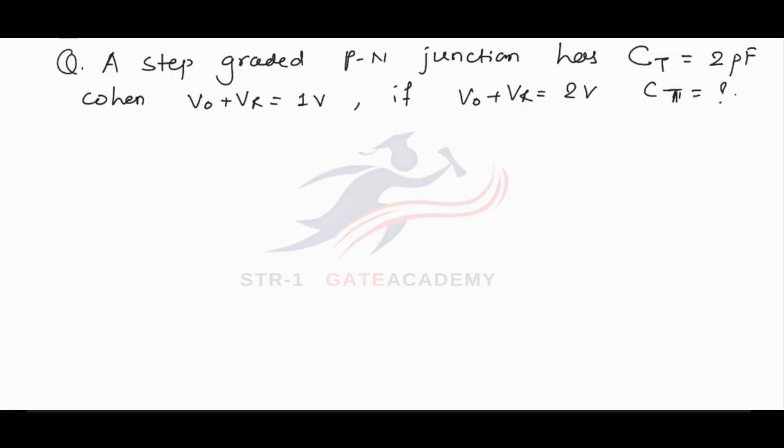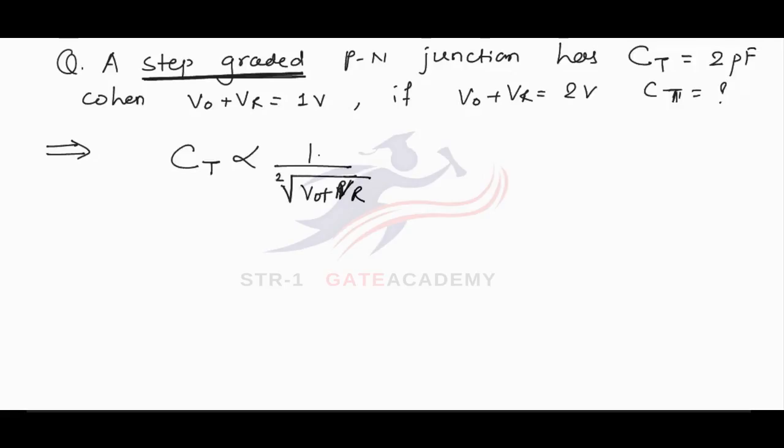We have to calculate transition capacitance Ct. In this question, we can see that the diode is step graded. If the diode is step graded, then for this diode Ct will be inversely proportional to V0 plus Vr raised to power 1 by 2, or Ct is inversely proportional to root of V0 plus Vr.